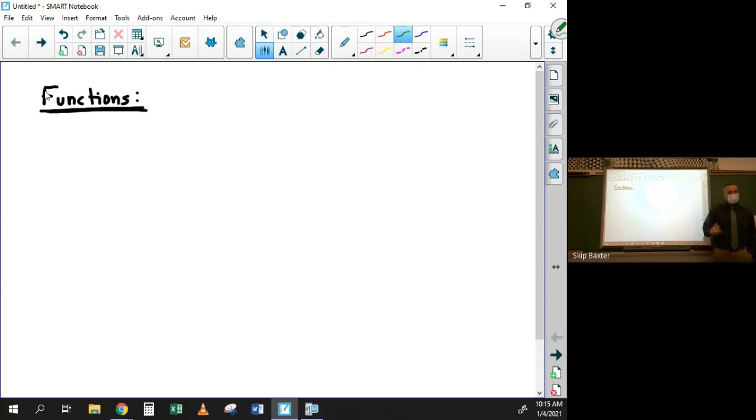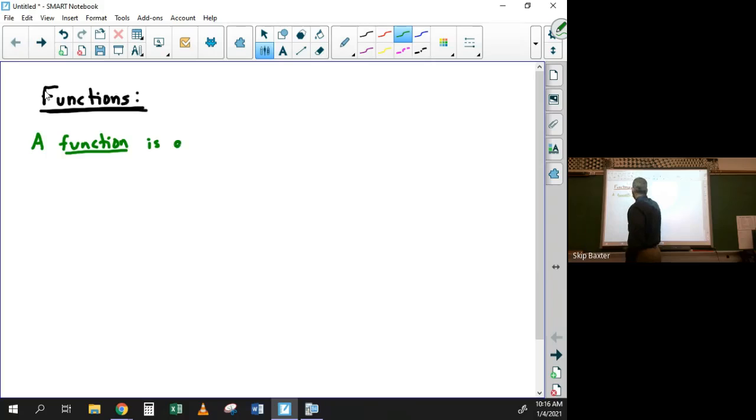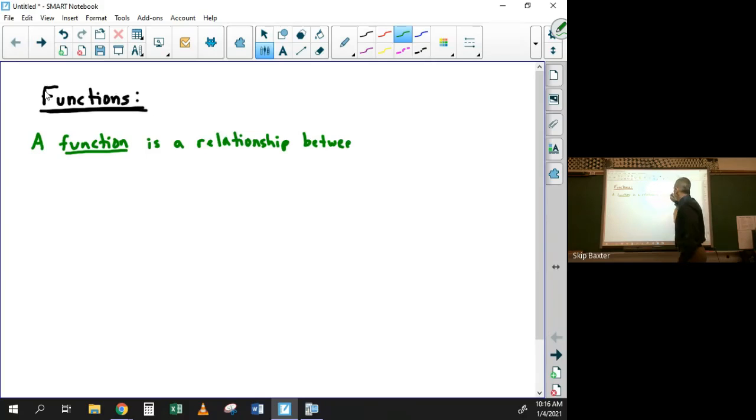So remember, first definition, a function is a relationship between sets of numbers in which it has to be a special characteristic of this relationship.